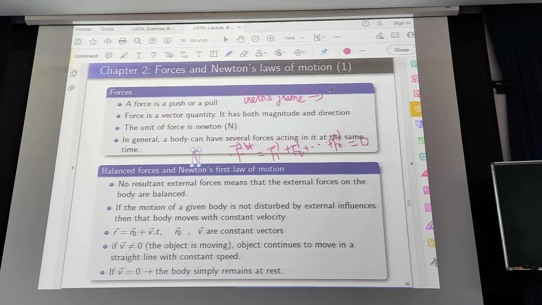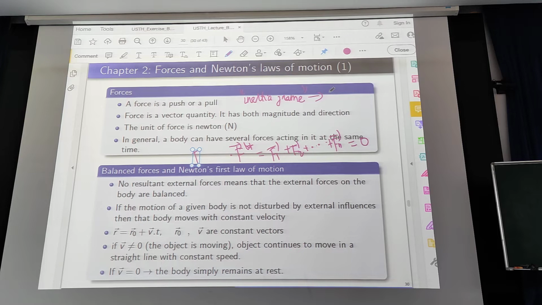And then in this case, on this frame, the laws of Newton are not correct anymore. So what we stated here is not correct anymore. Okay? Because the frame is not inertial anymore. Not that the law is not correct, but the frame is not inertial anymore, because the condition to apply this law is that the frame needs to be inertial. Is it clear to you?